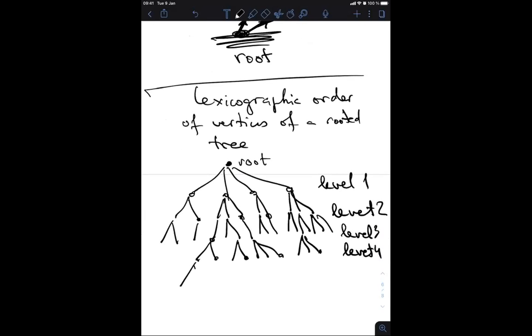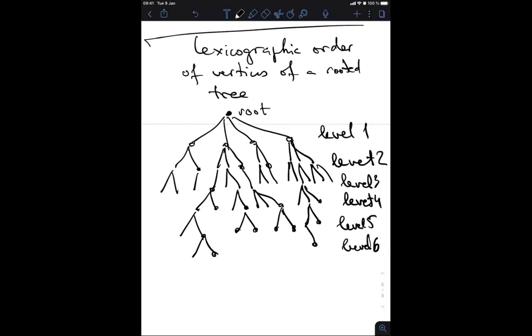We don't require that we go to the same bottom level. So level 5 and level 6. And I want to associate to my vertices a certain partial order.